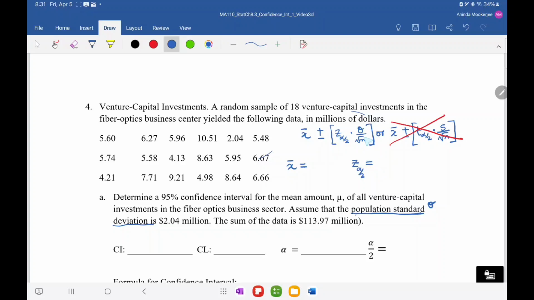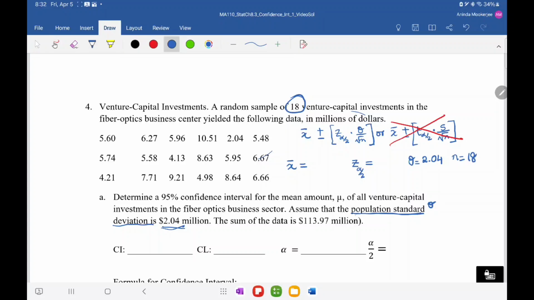Then sigma is given to us as 2.04 million, and n is 18. N represents the sample size, which is the number of observations that has been given to us. So in this case, n is 18.